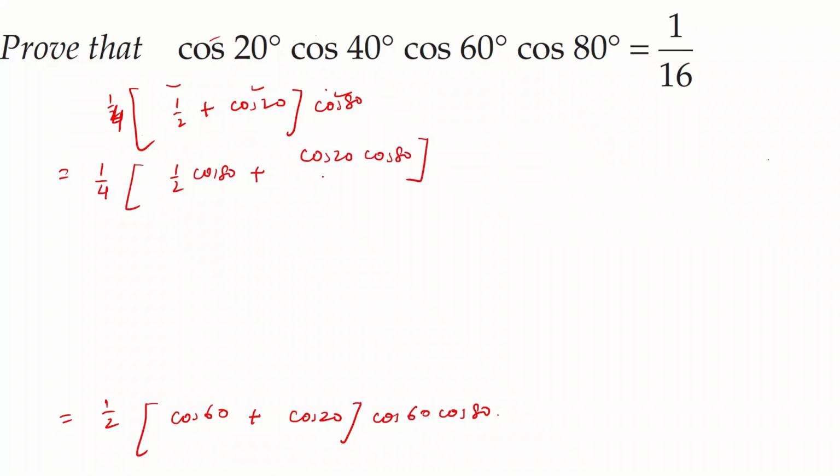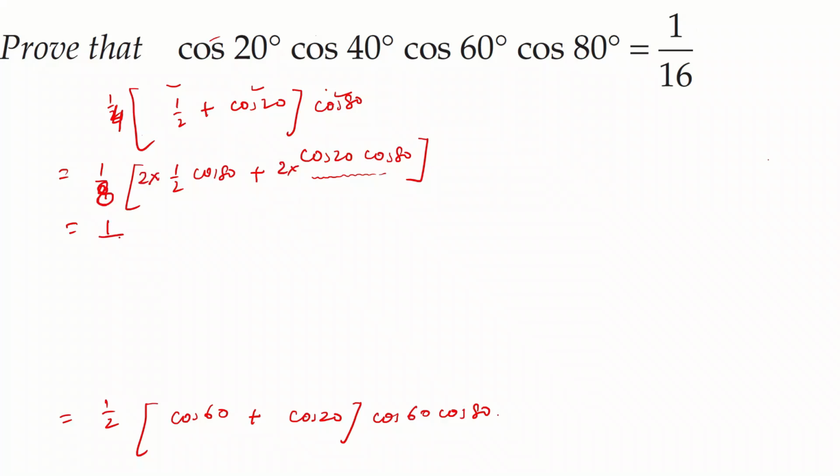So if you see, we again have something of the form cos cos, so we'll have to bring in that 2 forcefully. So we can multiply this again with a half and 2. We make this 1 by 4 as 1 by 8, because we additionally multiplied with a half, and then we multiply each of these terms with a 2, so it's actually multiplying with a half and a 2.